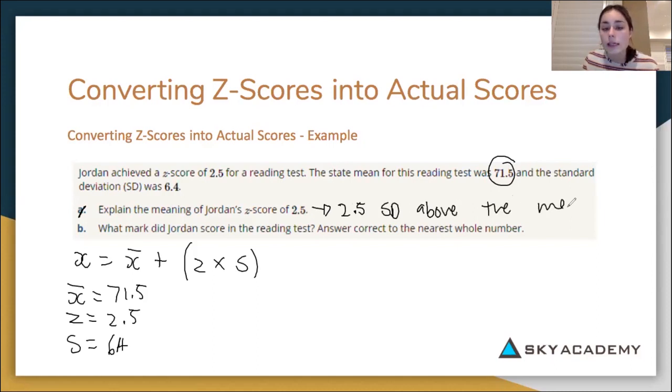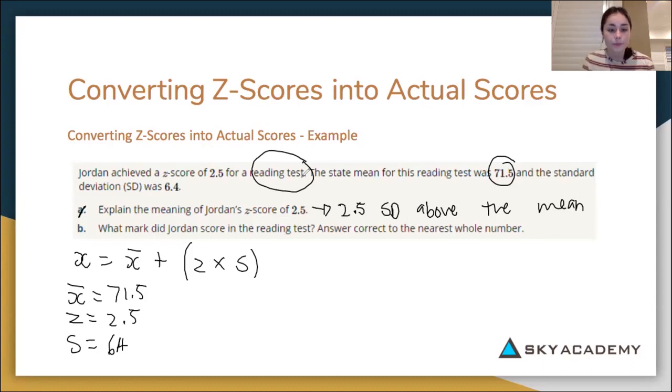So if you're in a reading test and your Z score is positive, that means that you scored above the average, which means you probably scored pretty high. You probably scored maybe like 80%, somewhere along there, which is pretty good. That just means that she was 2.5 standard deviations above the mean, which means she scored pretty good in this test.